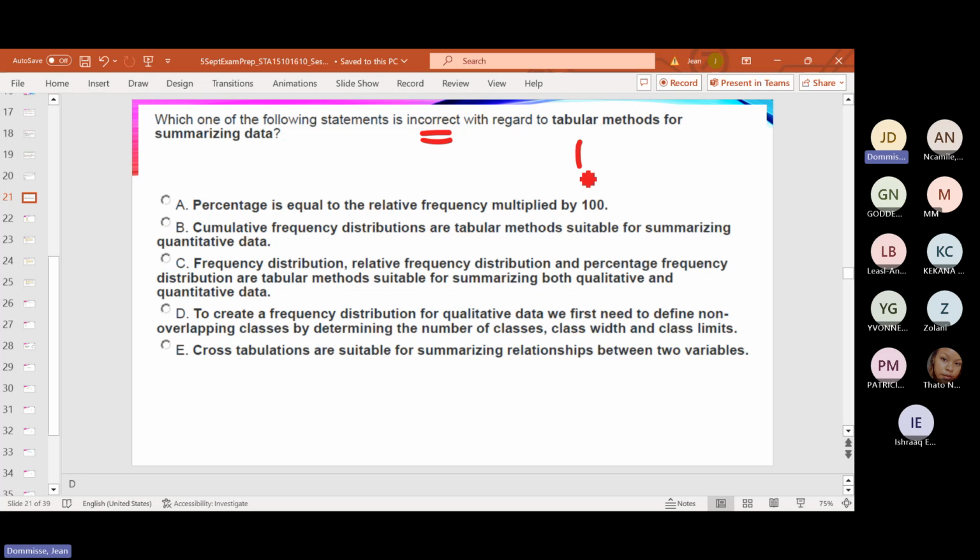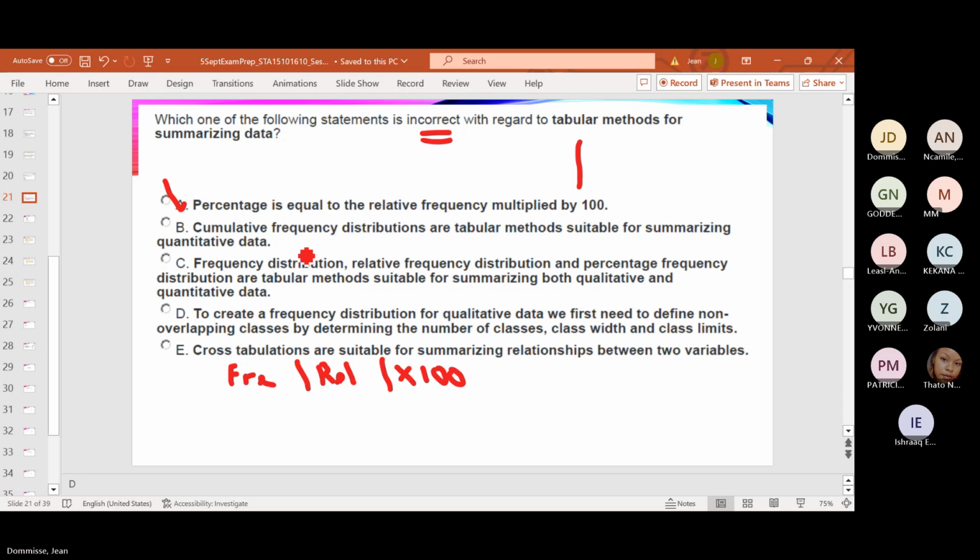So you have first your frequency, then you will have your relative frequency, and then your relative frequency times 100 will give you your relative frequency percentage. So that is correct.